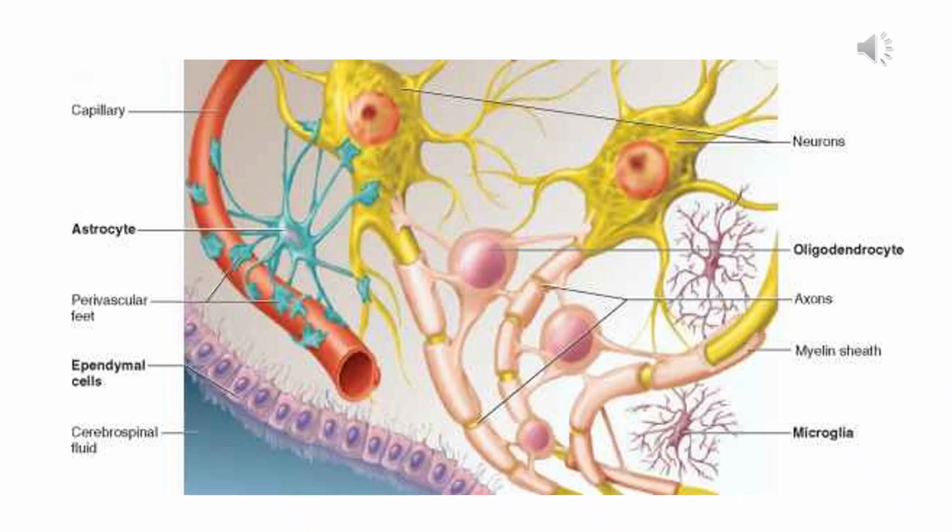So if we have debris or foreign things such as viruses, bacteria, protozoa, fungi, anything, or worn out cells that need to be digested and disposed of, that's what the microglia do.